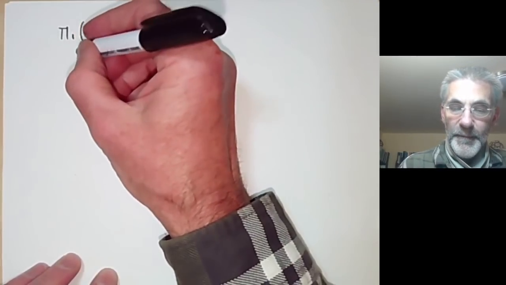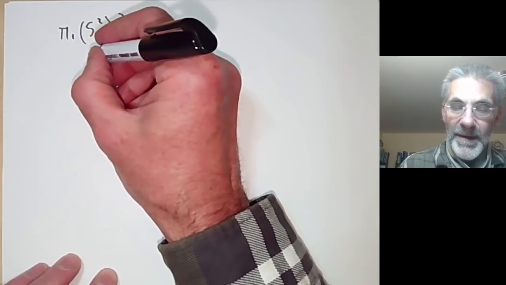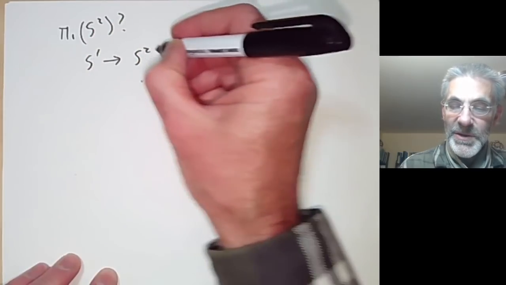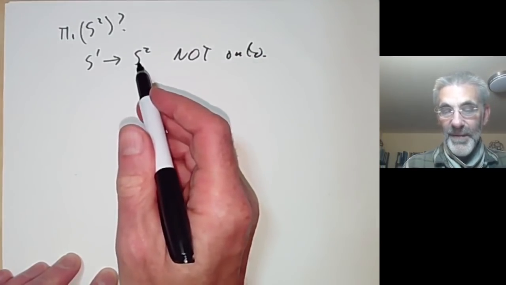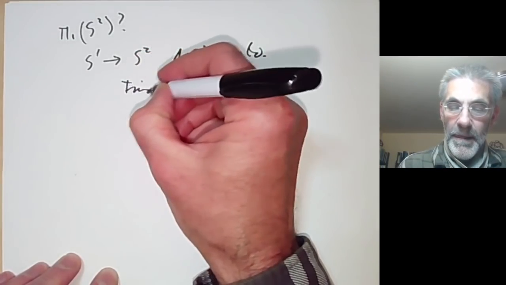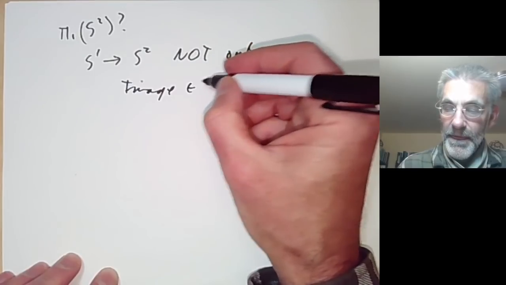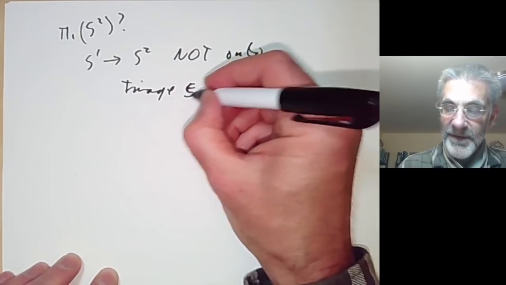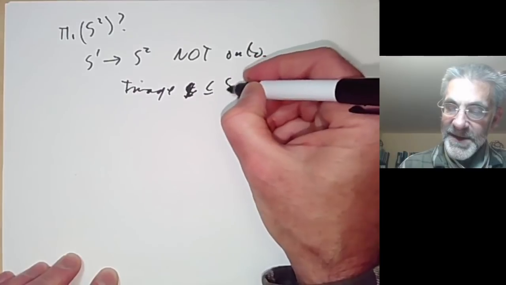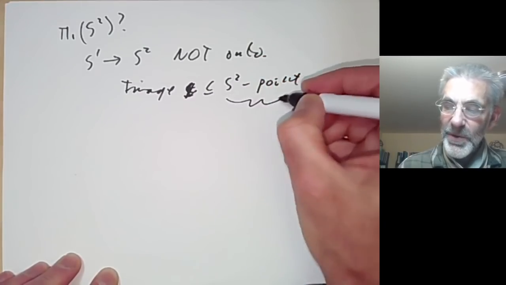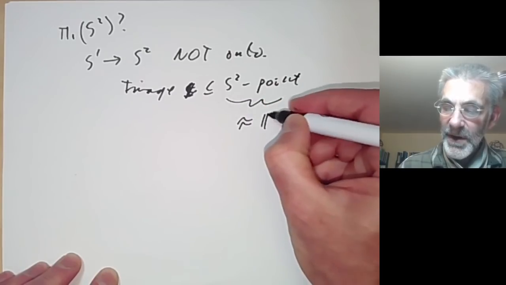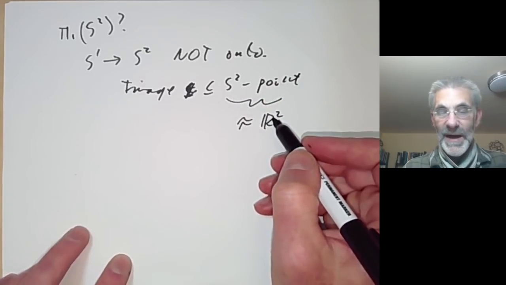Well, suppose the map from S1 to S2 is not onto. Then its image is a subset of S2 minus a point, and S2 minus a point is just isomorphic to R2, which we saw was contractible.